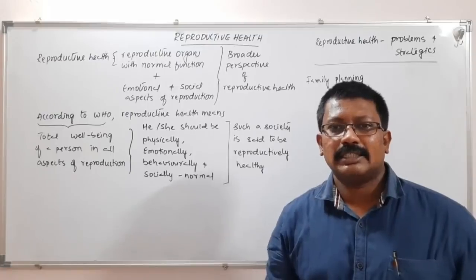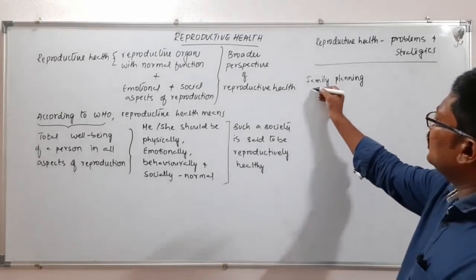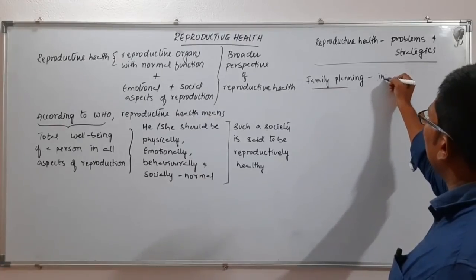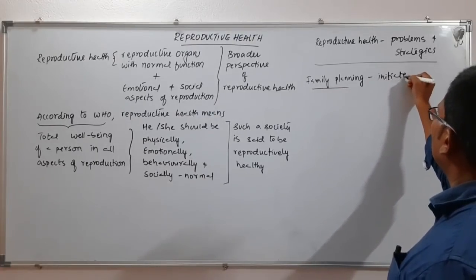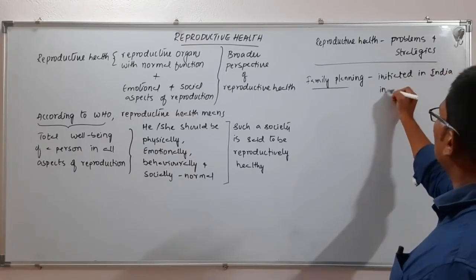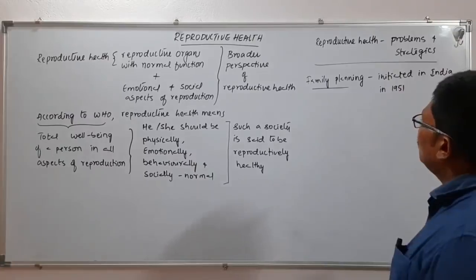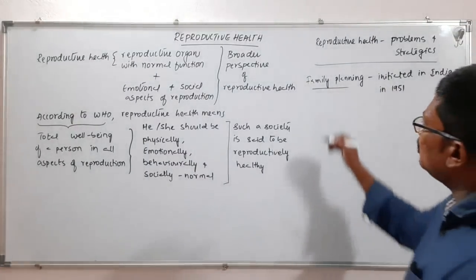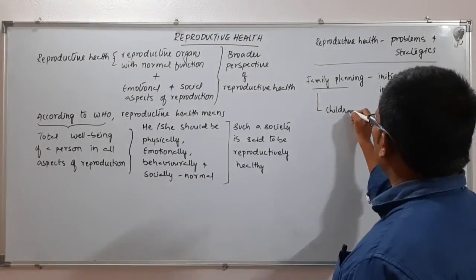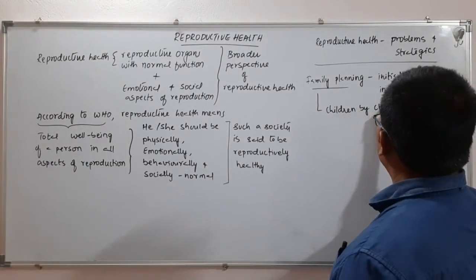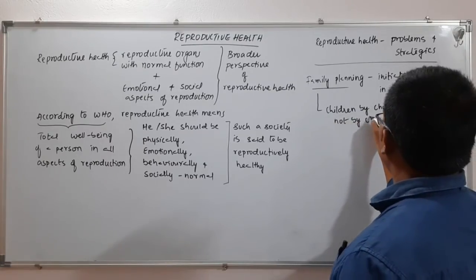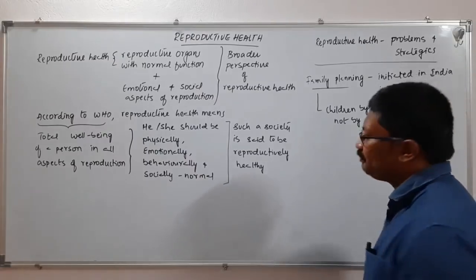So this is just an introduction. Here, family planning was initiated in India in 1951, and according to family planning, what they say is children by choice and not by chance.